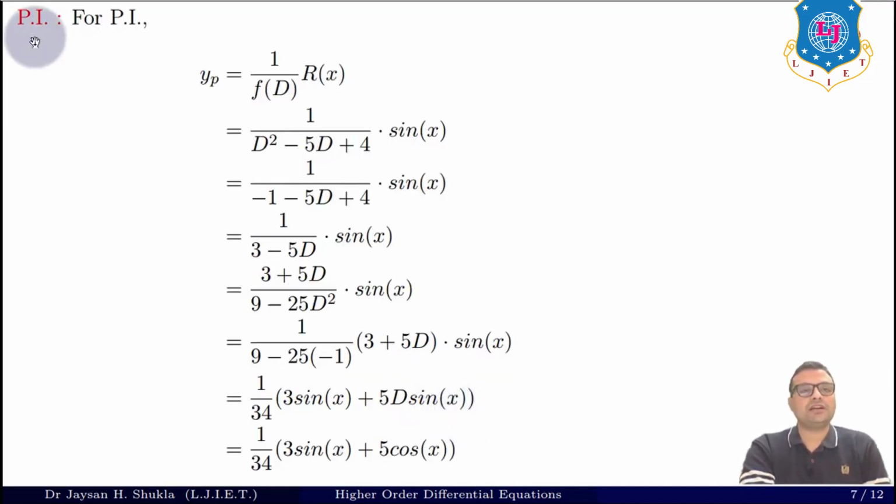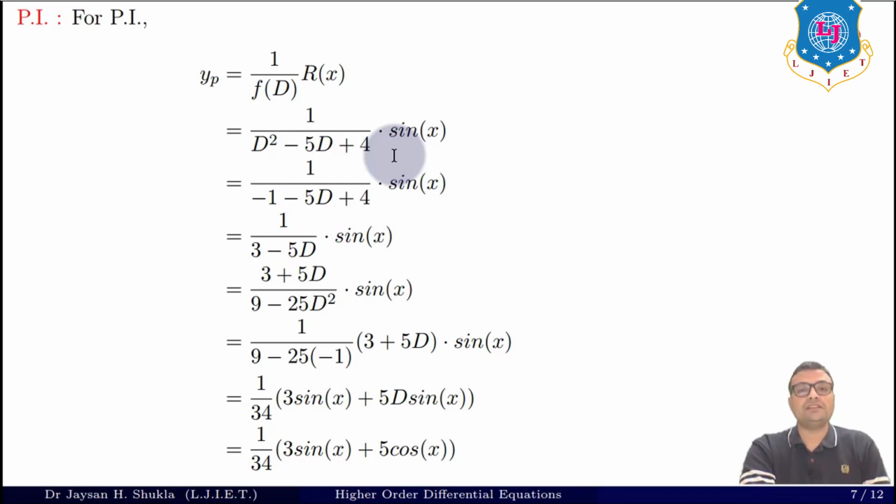Now, coming to the second part, which is particular integral, I am taking yp as 1 upon f of D of r x, meaning 1 upon D square minus 5D plus 4 of sin x. You can see over here the value of a, which is coefficient of x in sine of x, is 1.